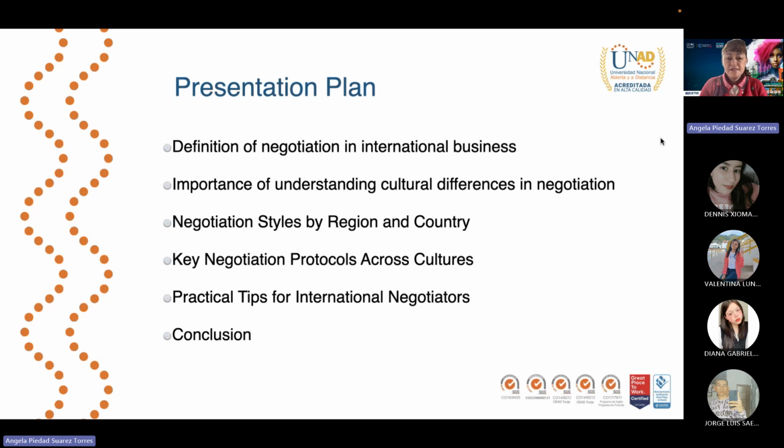Then the importance of understanding cultural differences in negotiation. Next, the negotiation styles by region and country. We're going to talk about some key negotiation protocols across cultures, some practical tips for international negotiations, and then we're going to have our conclusion.